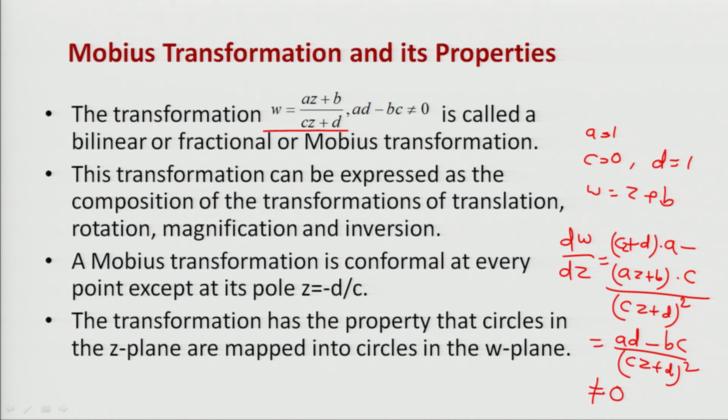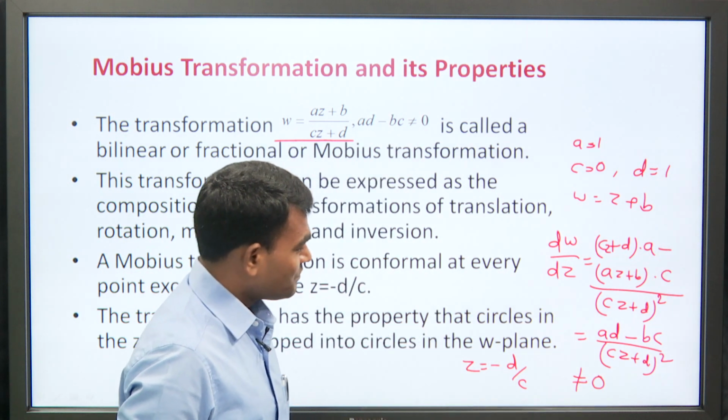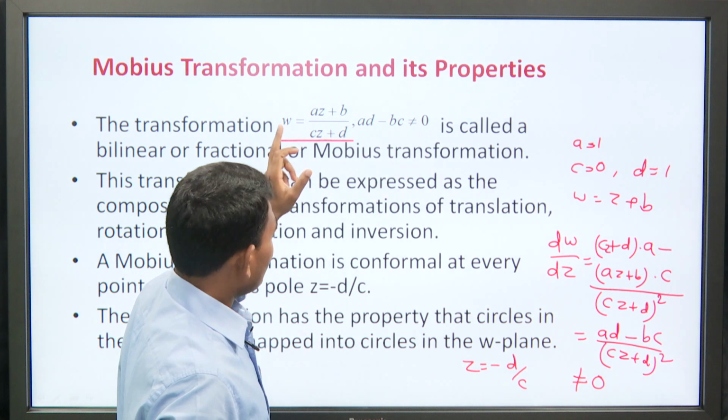In this way, for the mapping W is equal to Az plus b upon Cz plus d, because the numerator and denominator are polynomials, this mapping will be analytic at all points except z is equal to minus D by C. Therefore, it is analytic and its derivative is not equal to 0, so by the sufficient condition it must be conformal.